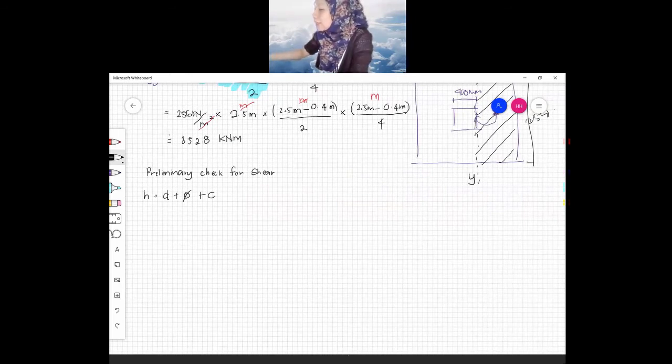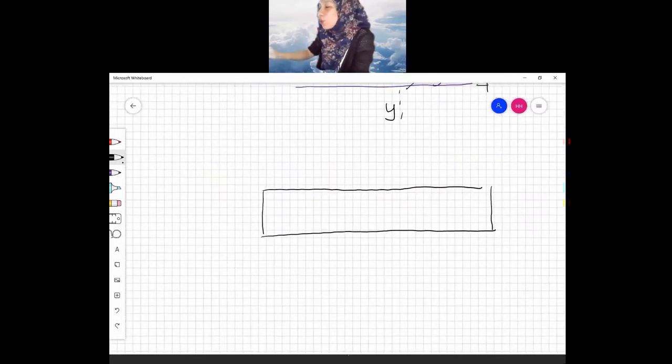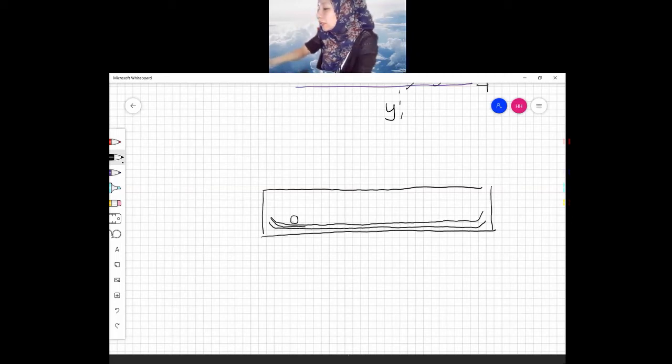Okay, this is side view ataupun cross section view of footing. Cross section view of footing dia sebenarnya lebih kurang sama macam slab. Dia akan ada dua bar macam ni, and then dia ada bar macam ni lah.